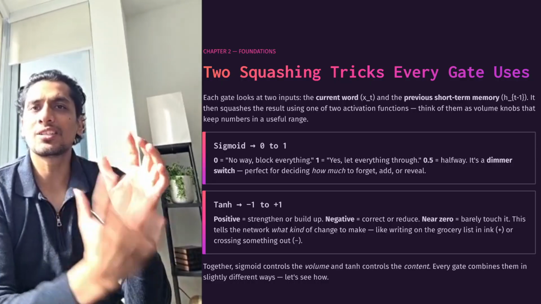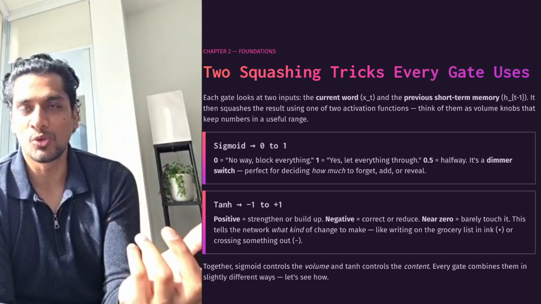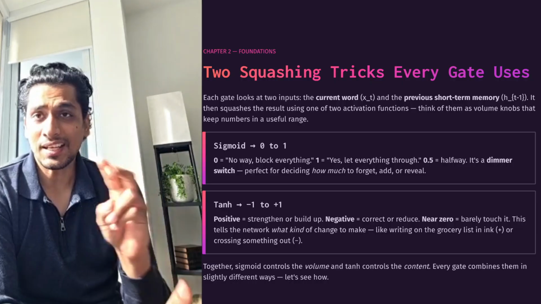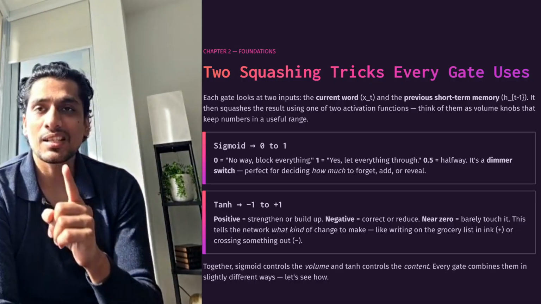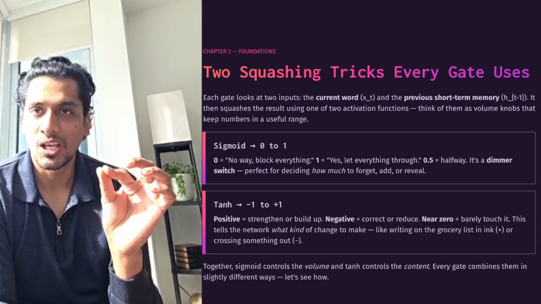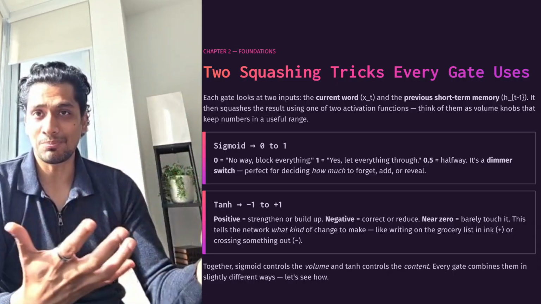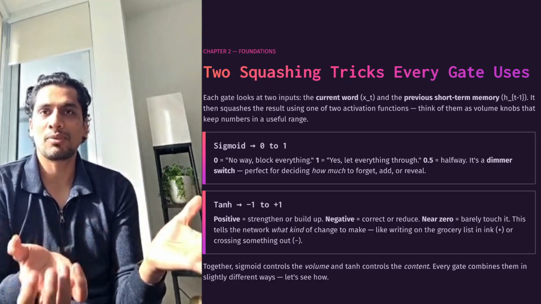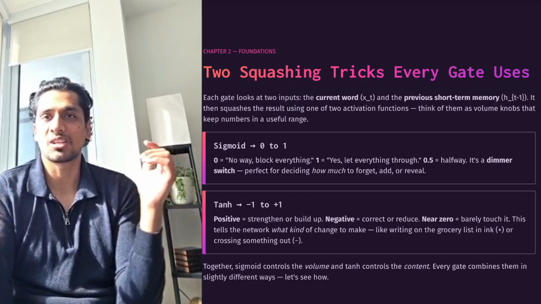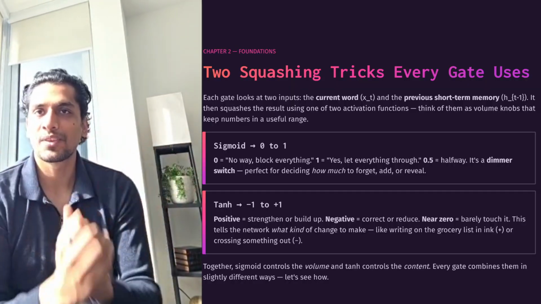Think of it like a dimmer switch or a volume knob, which has the range between 0 and 1. The second is tanh. This squeezes the number between -1 and +1. So positive means build up or strengthen. Negative means correct or reduce. Close to 0 means barely touch it, leave whatever we're getting as it is.